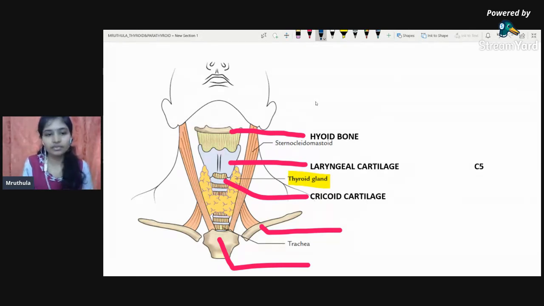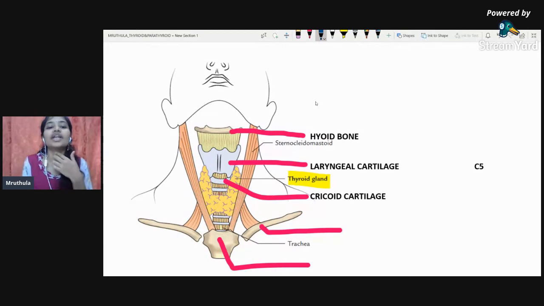Okay. The other thing is, in males it is quite easy to palpate or locate the thyroid gland because it is exactly located between the Adam's apple, which is the laryngeal part, and down there the collarbone. So in between the Adam's apple and the collarbone, you can very well locate the thyroid gland. But in females, the Adam's apple is not prominent; it is not there.